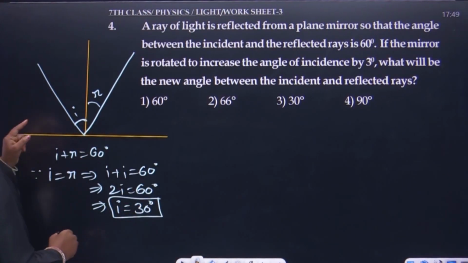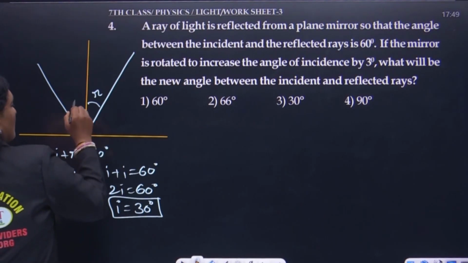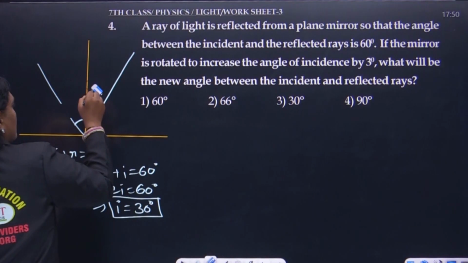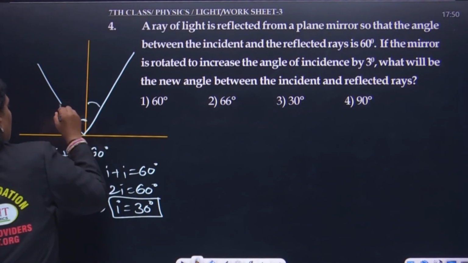So clearly the angle of incidence is 30 degrees.